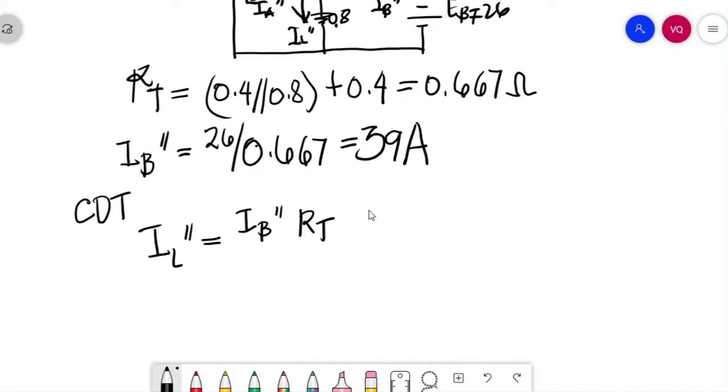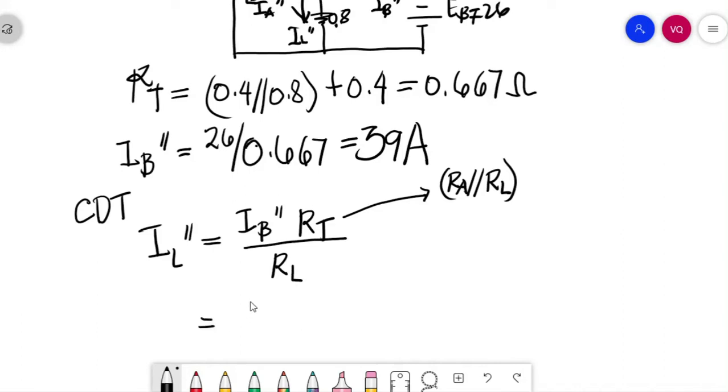So this RT here is equal to the parallel combination of RA and RL divided by RL.